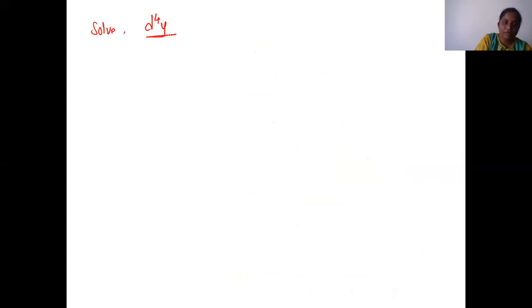d raised to 4y upon dx raised to 4 minus m raised to 4y is equal to 0. First step. What is the first step? How to solve this? Come on.